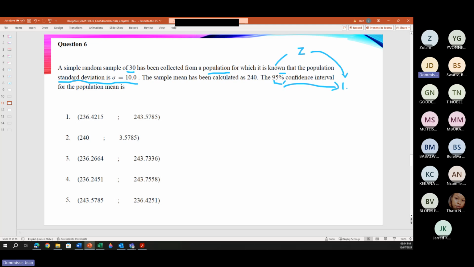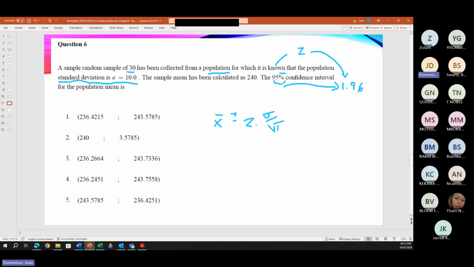So because it's a Z, a 95% confidence interval tells me the Z value will be 1.96. Then, like we did in the first question, the Z times the standard error.